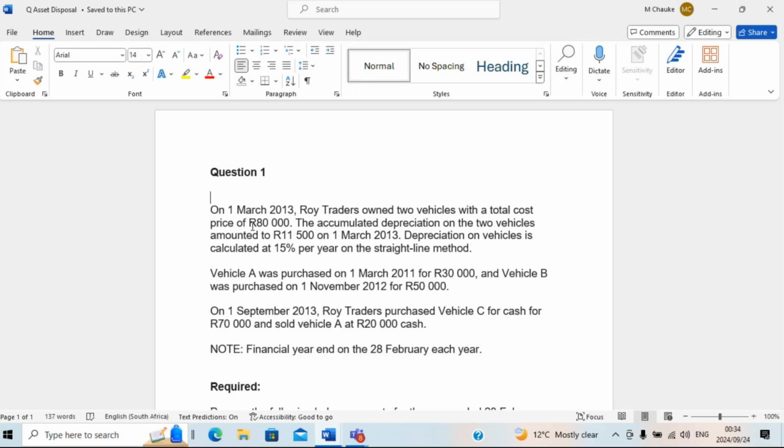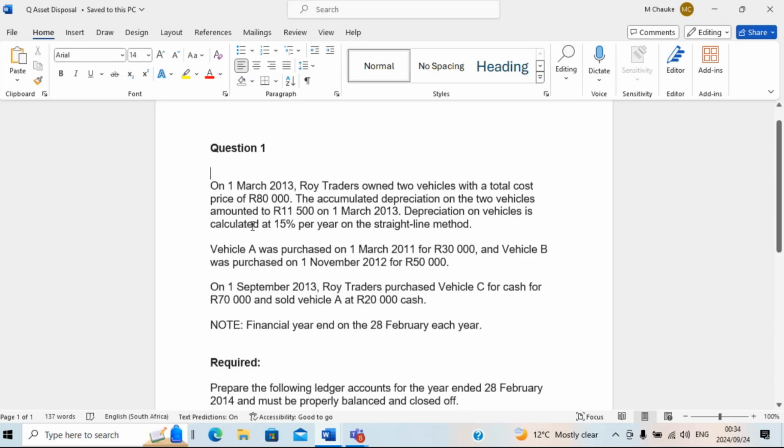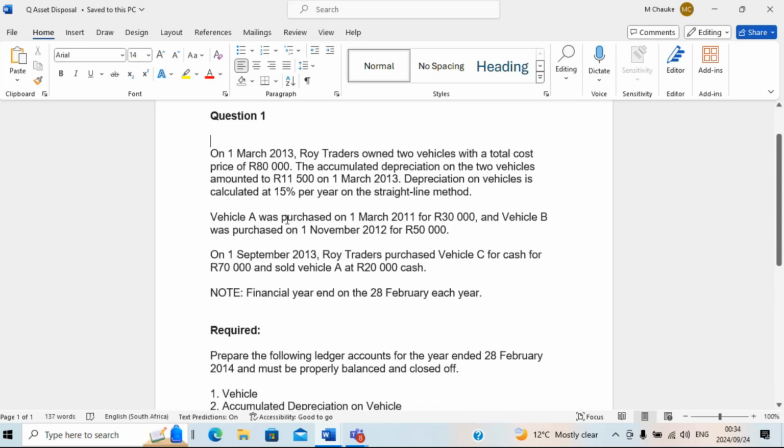On the 1st of March 2013, depreciation on vehicle is calculated at 15% per year on the straight line method. Vehicle A was purchased on the 1st of March 2011 for 30,000 rand, and vehicle B was purchased on the 1st of November 2012 for 50,000.